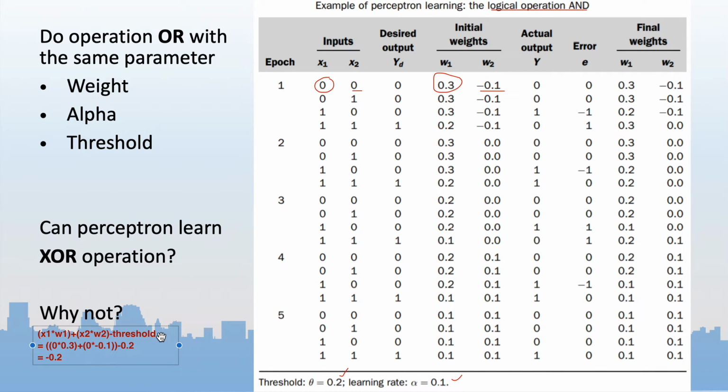So based on the calculation, the products of this and this will be minus the threshold. If you look at this x1, it is 0 times weight 1, which is 0.3, plus 0, this x2, times negative 0.1, and then the value of this will be minus negative 0.2, and you will get negative 0.2.